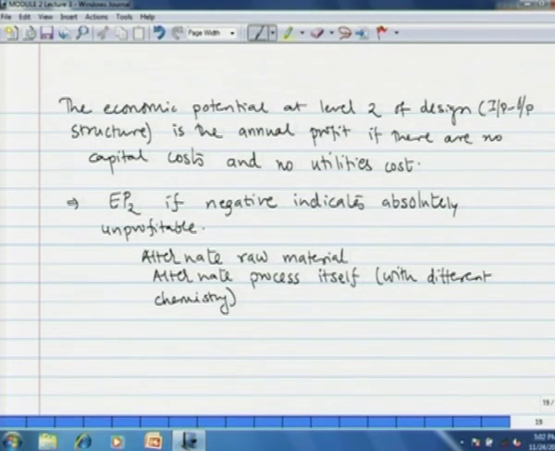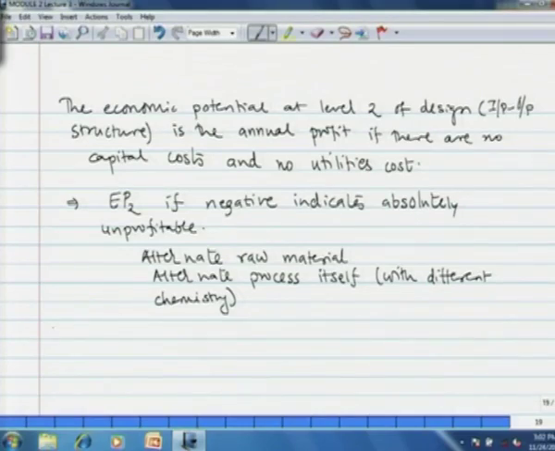So, to summarize this particular level of design, what we have done is that we have identified the process variables, we have tried to derive an overall mole balance, and with that analysis we have developed the process alternatives. What are the process alternatives? With again HDA process as example.